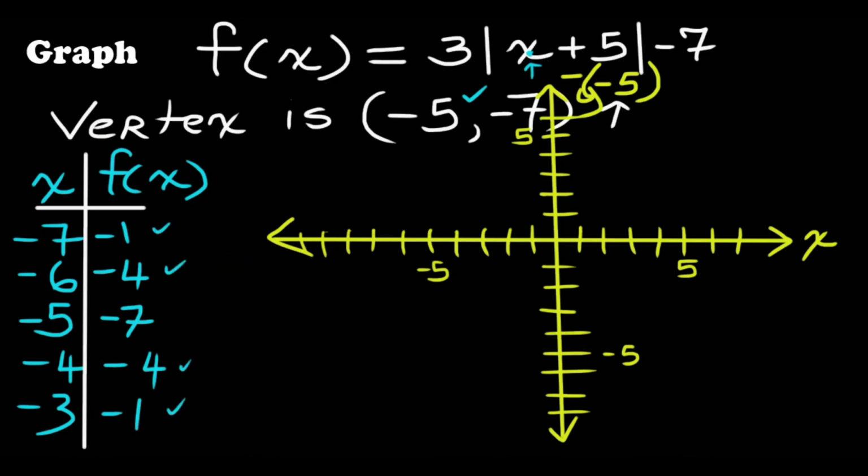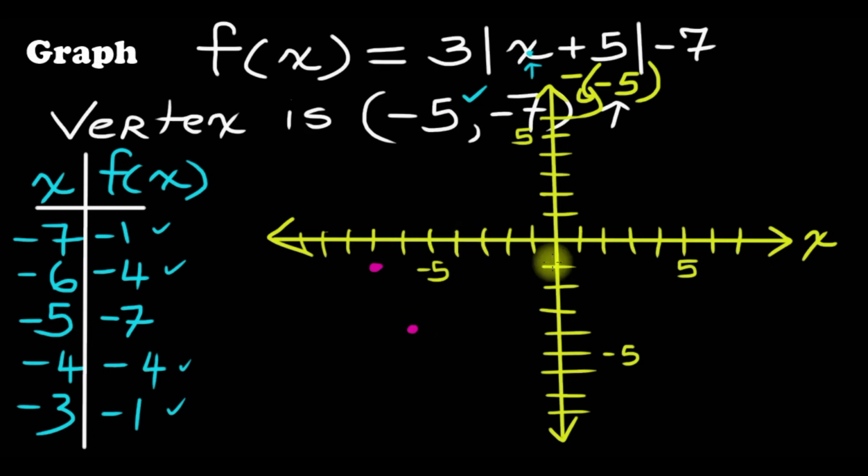Now we're going to plot those points. Negative 7, negative 1 is right here. Negative 6, negative 4 is all the way here.